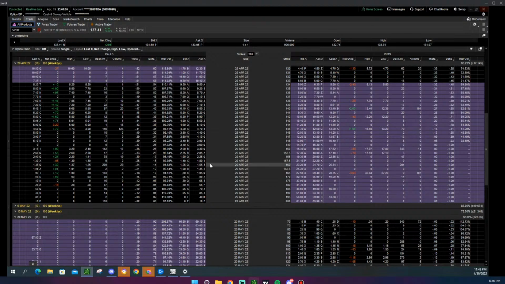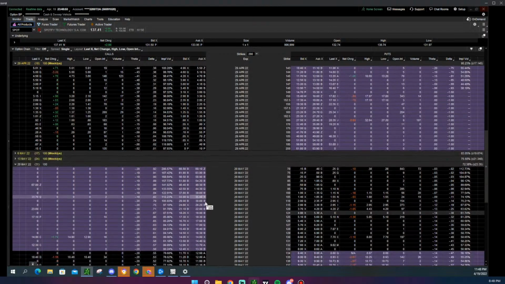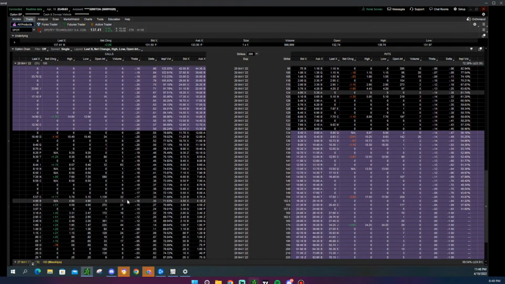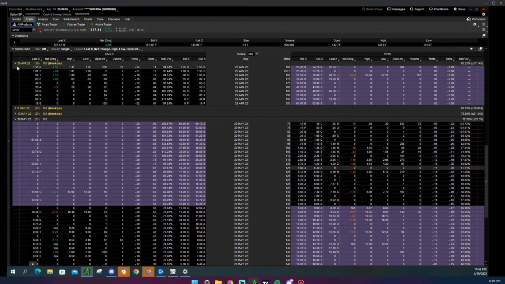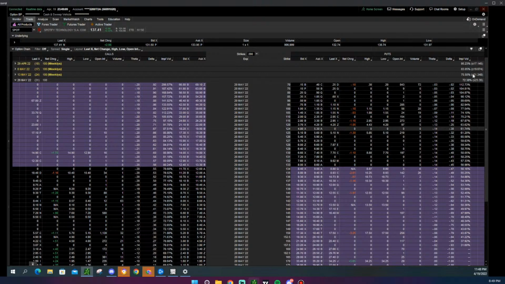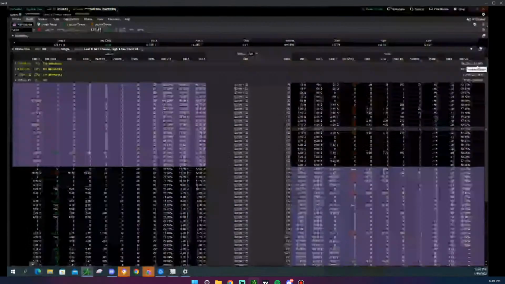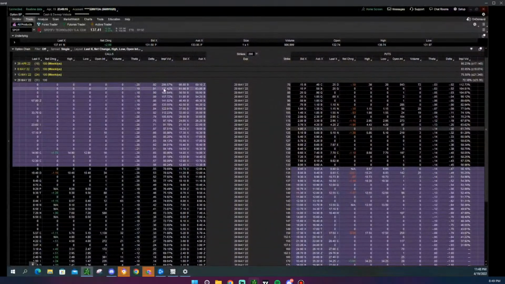There's not a lot of volume though. That's interesting. What's the move they have calculated for earnings? I know they have it on one of the corners. It is supposed to be $17.